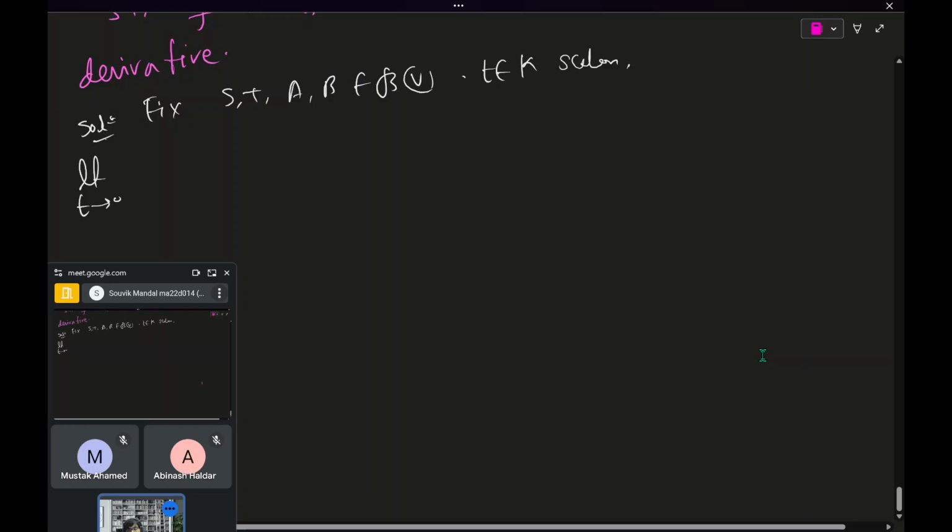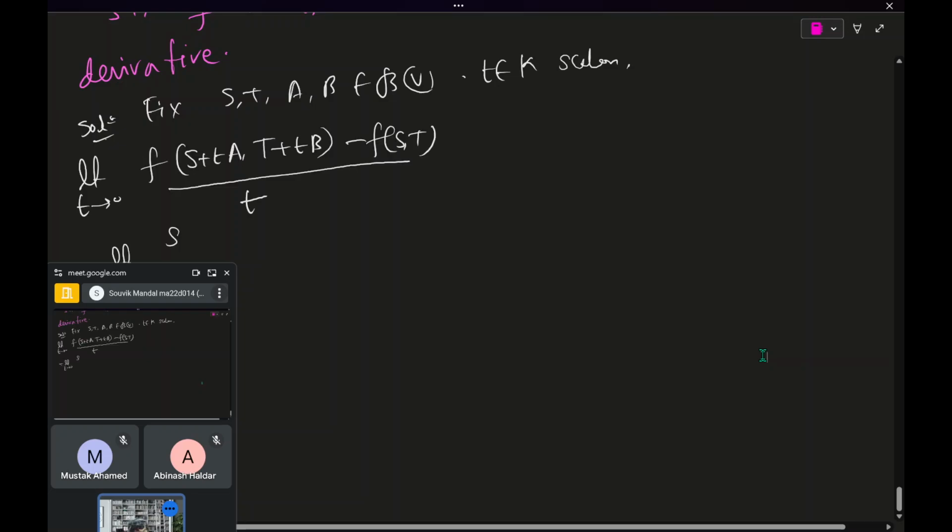This is equal to the limit of SB plus AT plus tAB, and of course this is equal to SB plus AT.